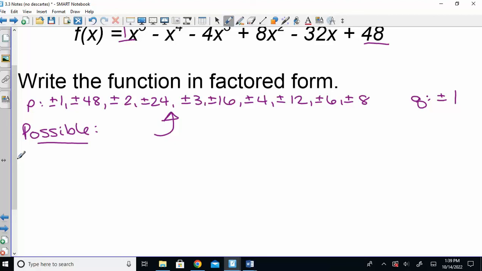So we're trying to find where it hits the x-axis. -3, we're pretty confident in that one, not really sure about the rest. Alright, so you're getting a graph that looks something like this, right? Okay, so we think -3 works. Let's try it.